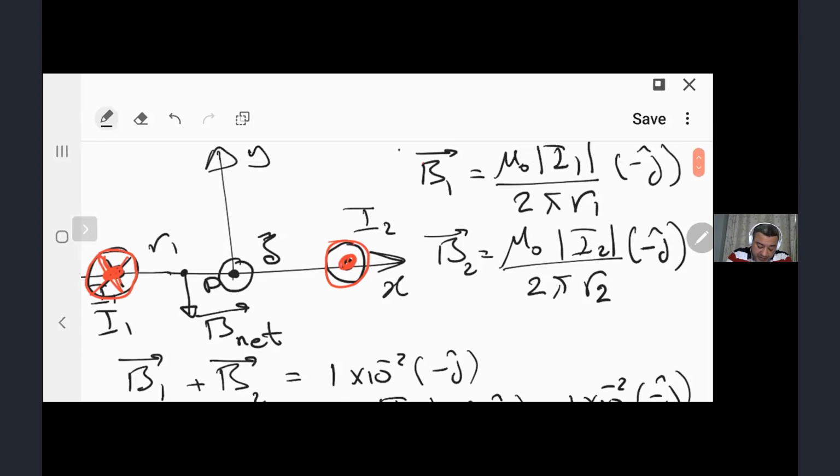So here, as I said before, because the net magnetic field was pointing downward, this one has to be pointing downward. The magnetic field generated from this current has to be pointing downward. The magnetic field from this current has to be pointing downward as well.